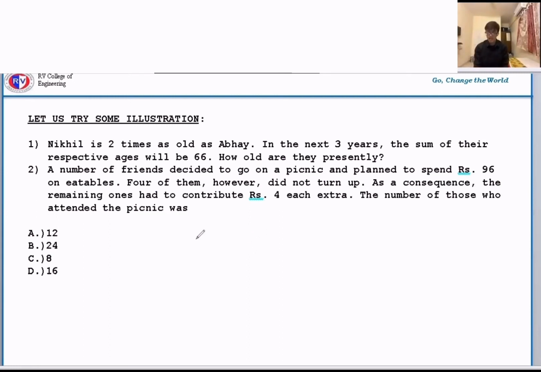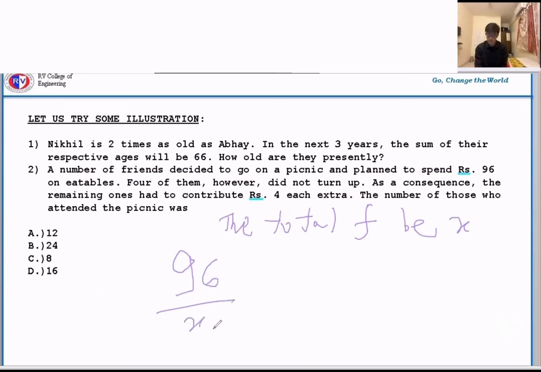So basically, if we take the total number of friends that were going to the trip to be X. The total friends, I am denoting F as basically friends. So the total friends going on the trip be X. So to get the share amount among these X students, I'll get the equation as 96 divided by X, right?